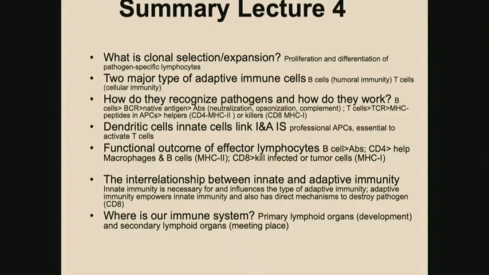And so now, if dendritic cells don't express MHC class 2, which they do, but let's say that we have a mutant in which dendritic cells don't express MHC class 2, will you have any activation of CD4 T cells? Guys, yes or no?